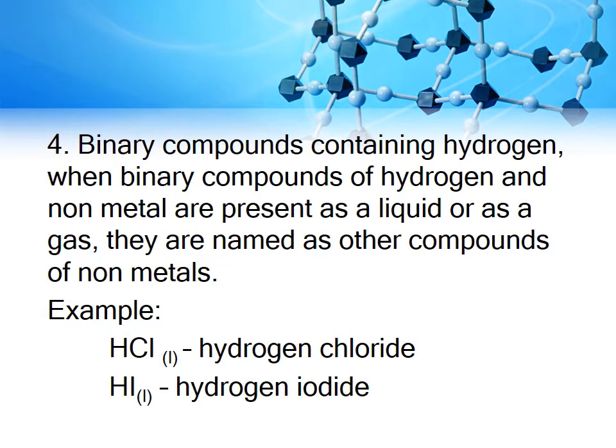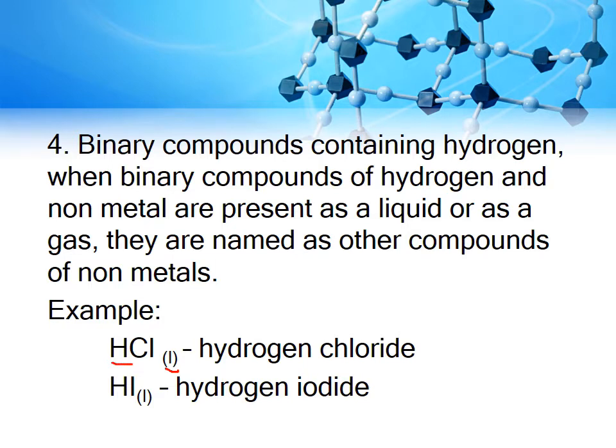The next rule is binary compounds containing hydrogen. When binary compounds of hydrogen and nonmetal are present as a liquid or as a gas, they are named as other compounds of nonmetals. For example, for this compound HCl, which is in liquid form, we will be giving its name as an ordinary binary compound.